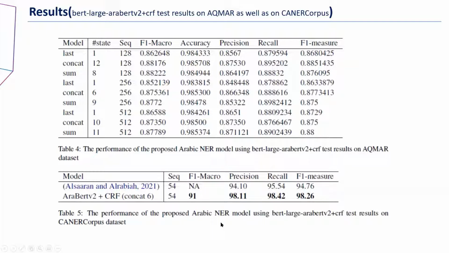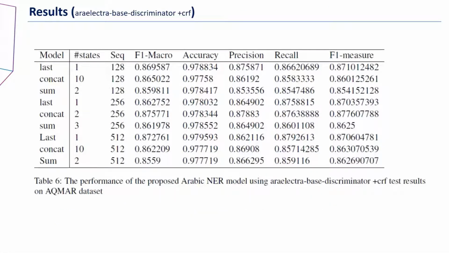They didn't mention what F1 macro they got. The last one in ACMAR is with AraELECTRA-base discriminator and CRF. We use only the discriminator here, and it also performed very well with respect to the other models.